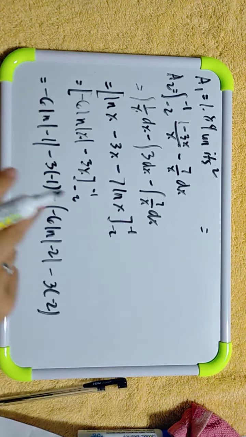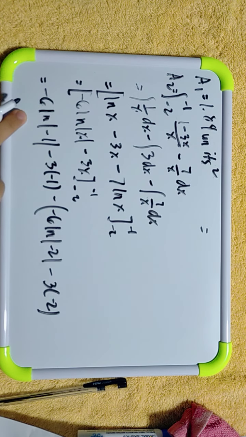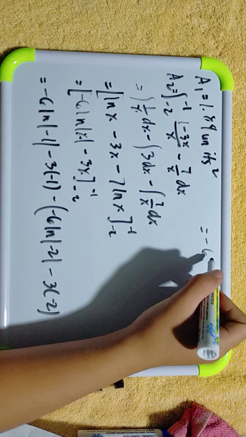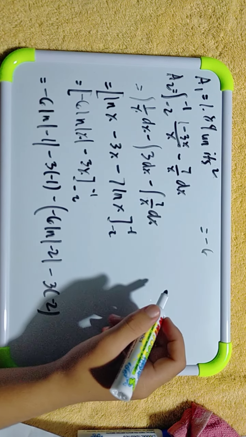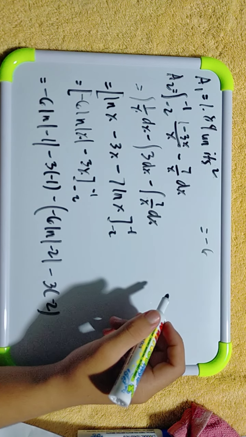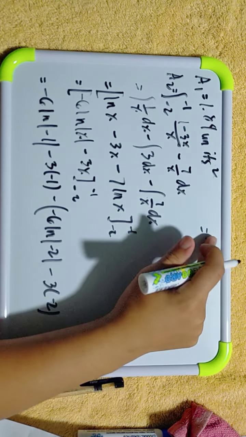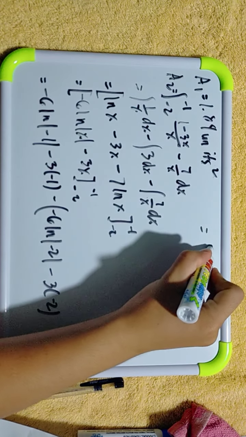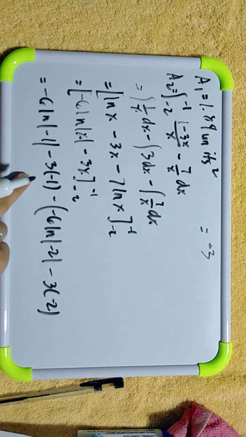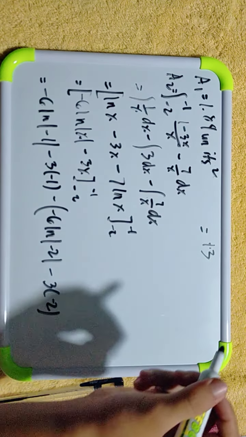So, dito na natin siya ilagay. Ang ln 1 pala natin is 0. So, magiging negative 3 na lang natira. I mean, positive 3.